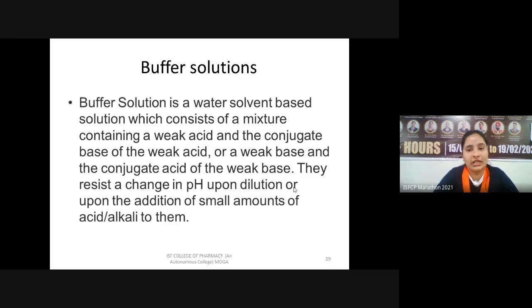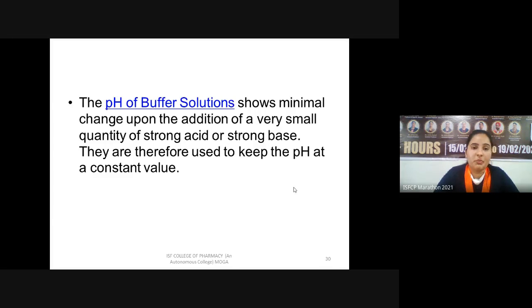The pH of buffer solutions shows minimal change upon the addition of a very small quantity of strong acid or base. Therefore, they are used to keep the pH at a constant value.